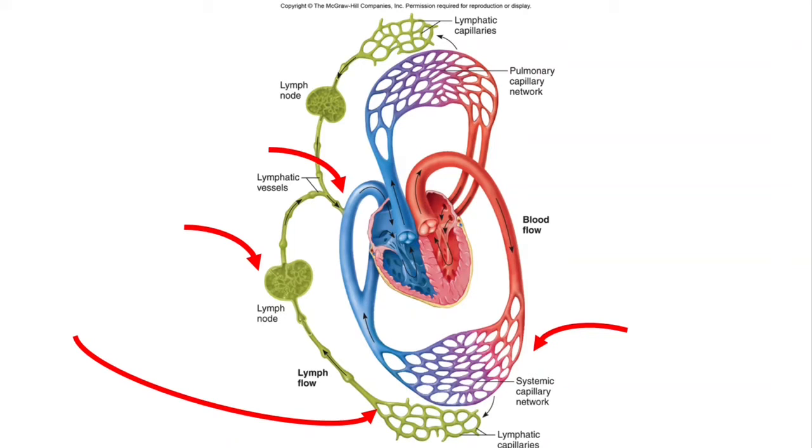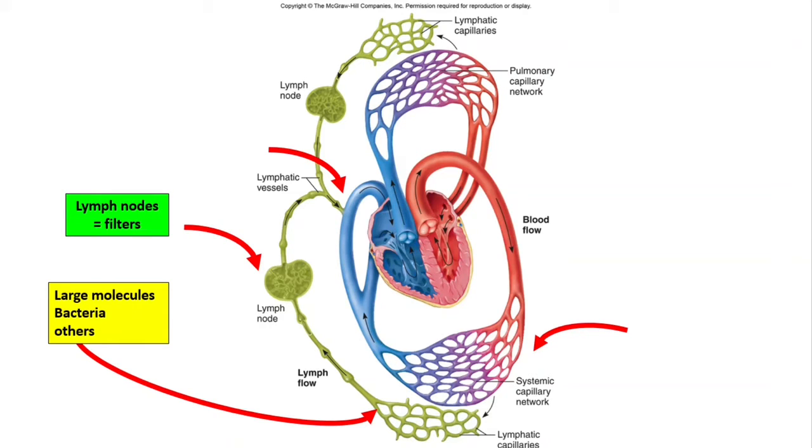When they are drained by lymphatic vessels, they need to be filtered by lymph nodes. And after they are filtered, they return back to the venous circulation. Therefore, the lymphatic system is there for large molecules, for bacteria and other large structures.